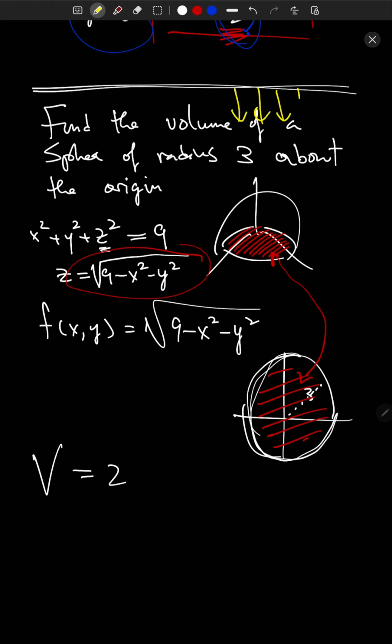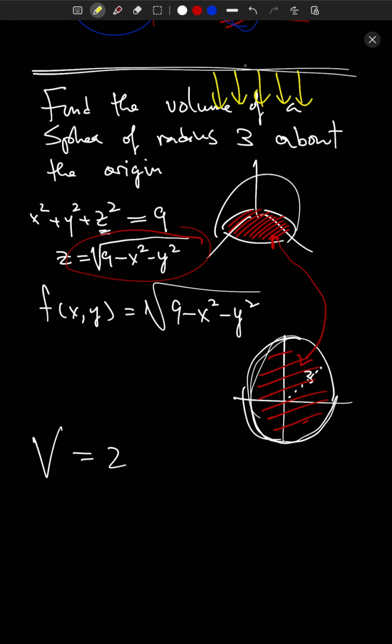For this particular problem it's very straightforward, but we'll definitely get into examples where it's not as obvious, so this idea of the shadow is good to always keep in mind. In this example, this is the shadow, and that's the region I want to integrate over: a circle of radius 3.